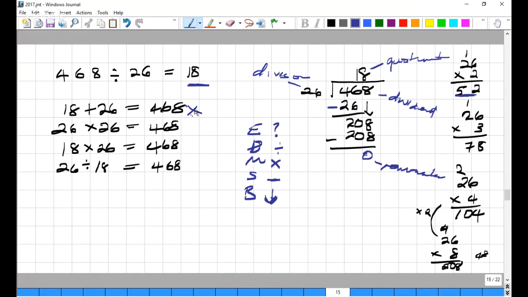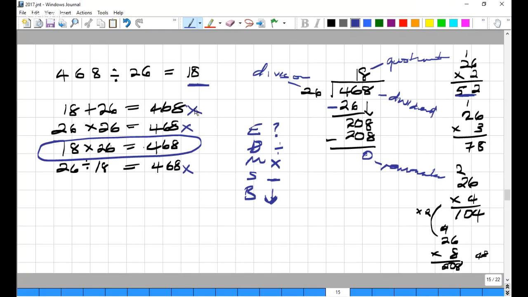Yes, sir. 26 times 26, would that give us the 468? No, sir. What about 26 divided by 18? Would that give us the 468? No, sir. So we're only left with this. Is it true that 18 times 26 would give us the 468? Yes, sir.